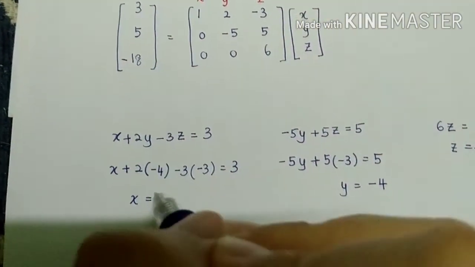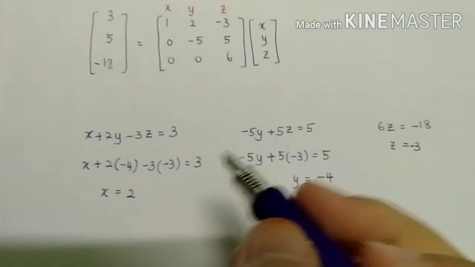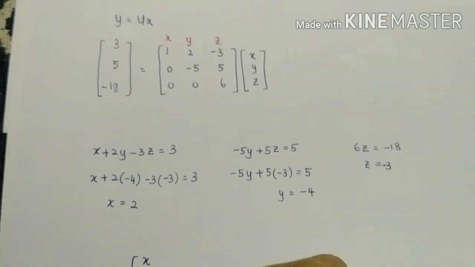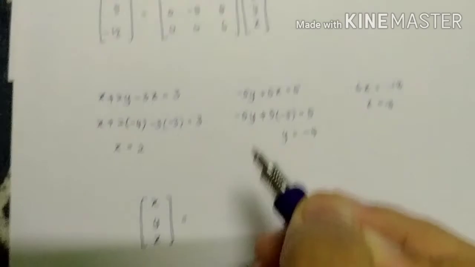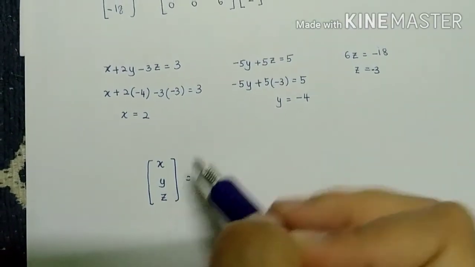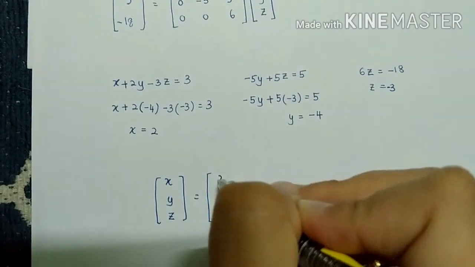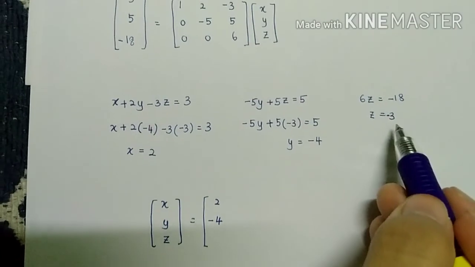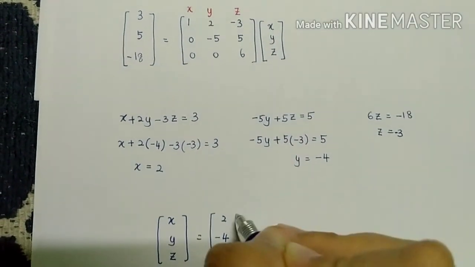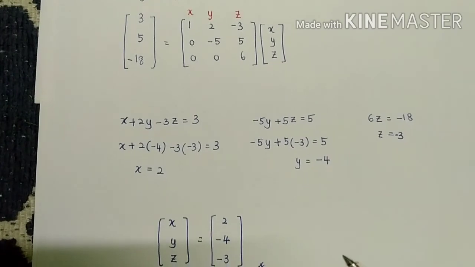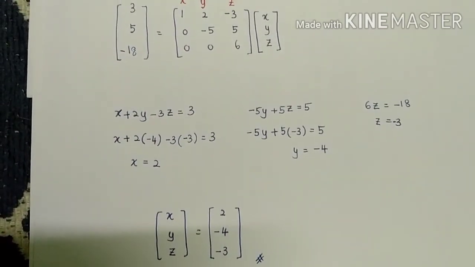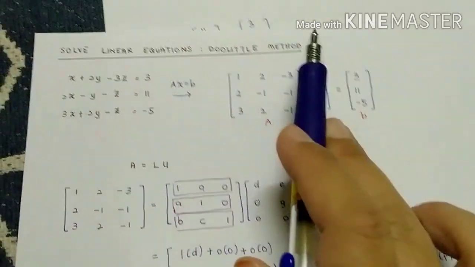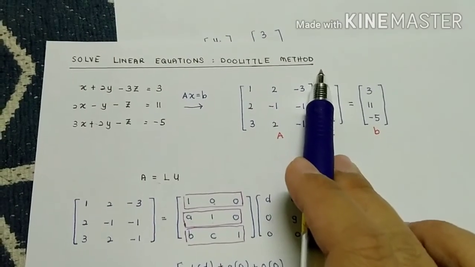So 3 minus 1 is 2. So our matrix x is x, y, and z: x is 2, y is negative 4, and the last one, z, is negative 3. So this is the solution for these linear equations by using the Doolittle method.